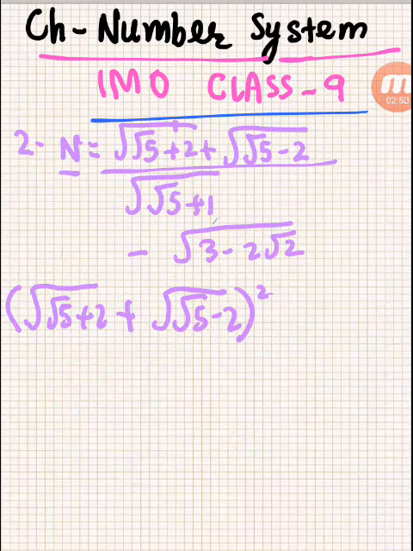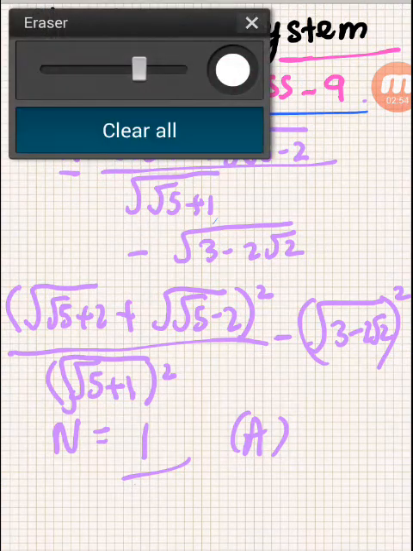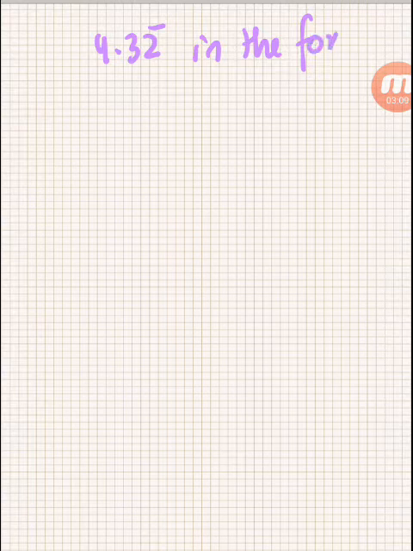After that, let's move on to question 3. So in question 3, we have to express the mixed recurring decimal 4.32 with 2 bar in the form of p by q. So this is a normal question which is present in NCERT.